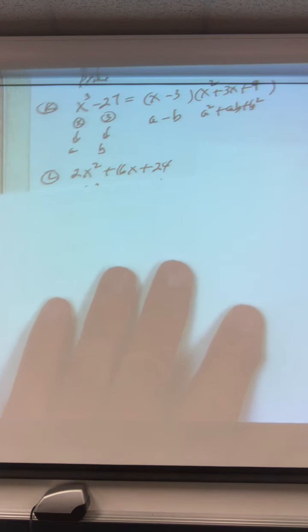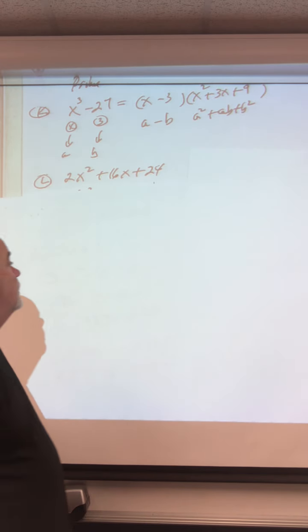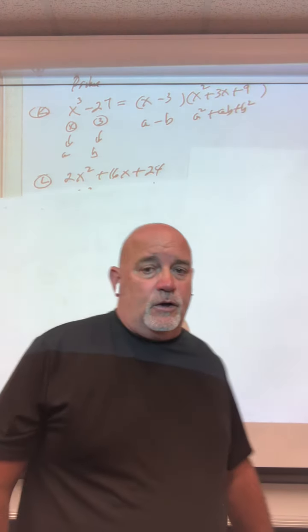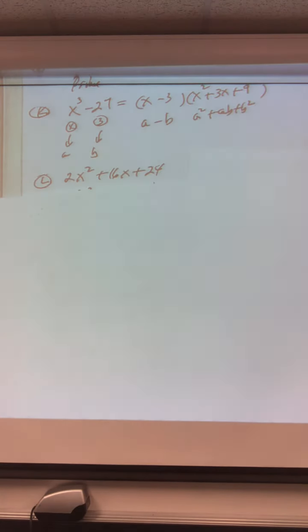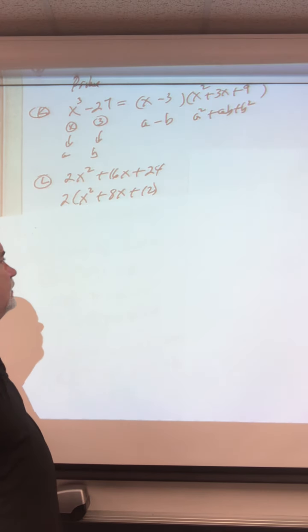Okay, one more on the factoring. On this one, first look for a GCF. It has a GCF. Take out a 2. But remember, the instruction says factor completely. So if this factors again, we need to go on down and do so.